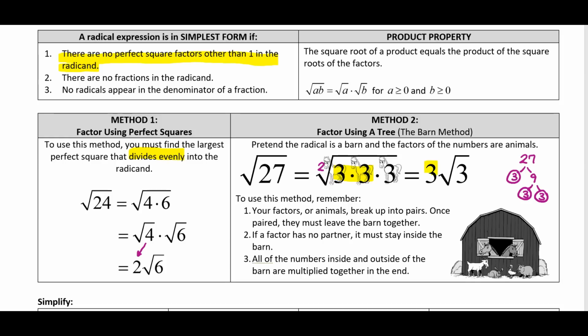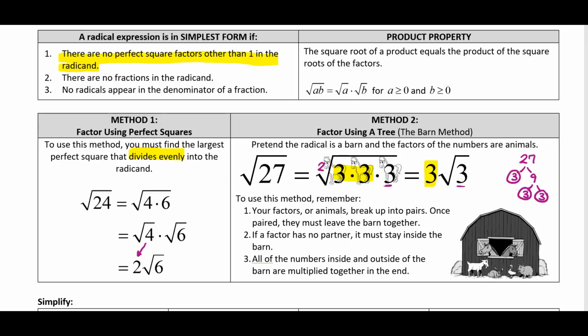Notice right here, that 3 came out because it had a pair. Now this 3 had to stay in the barn because it didn't have a pair to bring it out with it. So it stays in the barn all alone, and that is the simplified version of the square root of 27. Everything I just talked about is in these steps at the bottom here in case you forget.